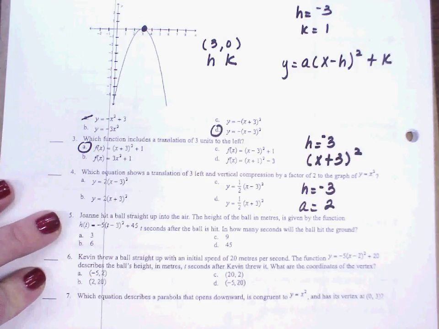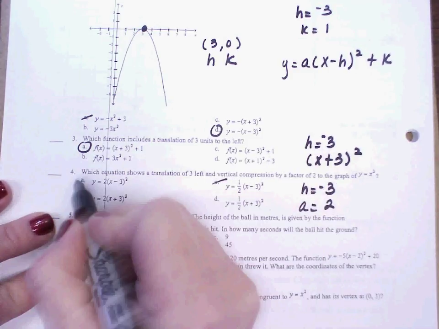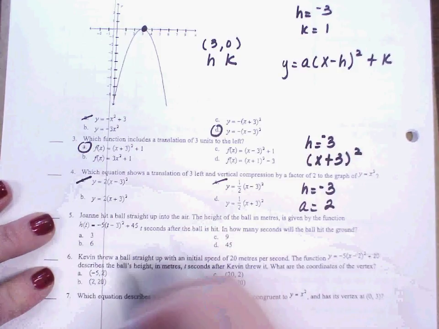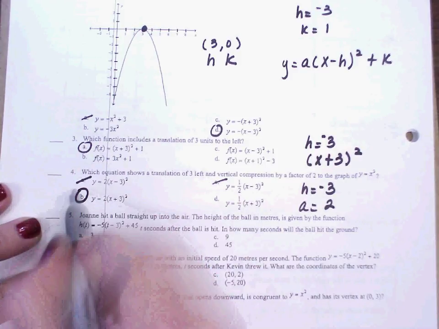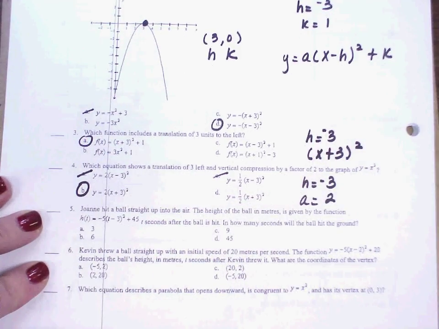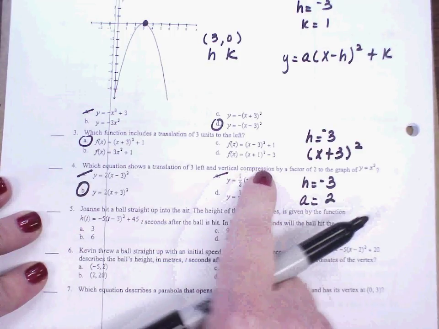B, right? I don't think it's D. D should be a vertical stretch, because it's bigger than 1.